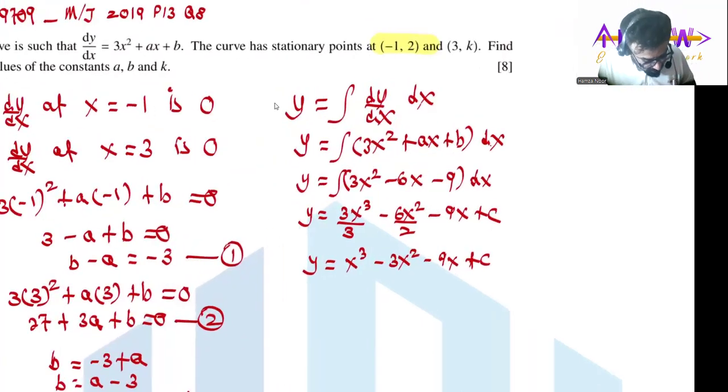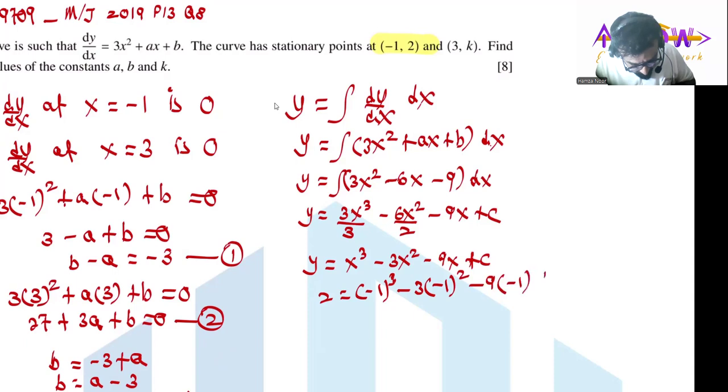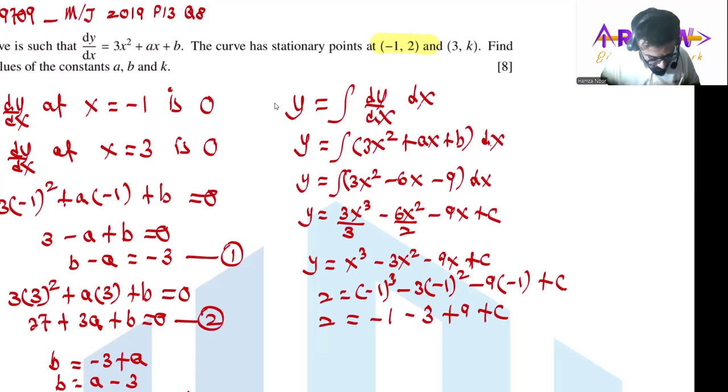So I'm going to say that 2 is equal to (-1) cubed minus 3 times (-1) squared minus 9 times (-1) plus c. So 2 is equal to -1 minus 3 plus 9 plus c. So c will be equal to 2 minus (-1 minus 3 plus 9), this will be 5.